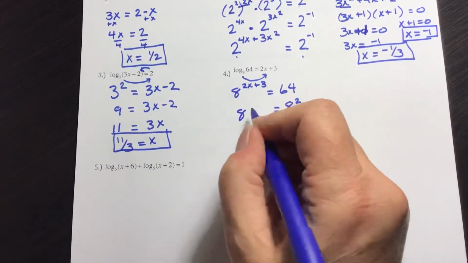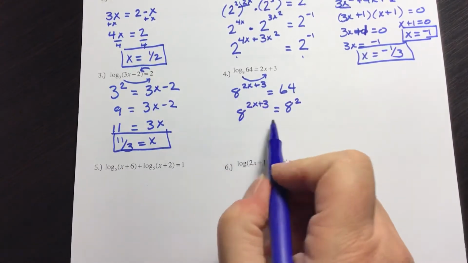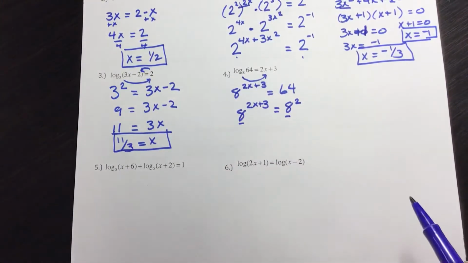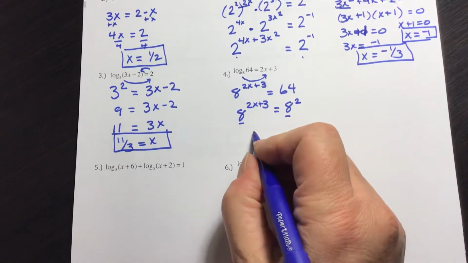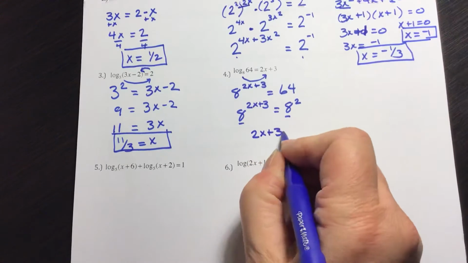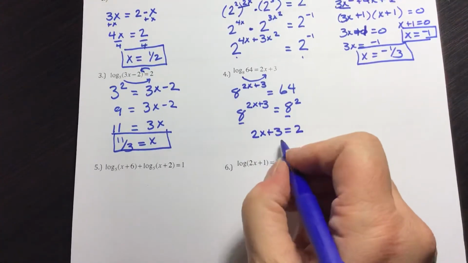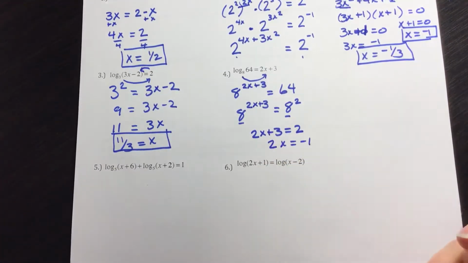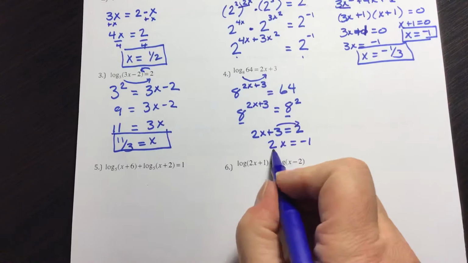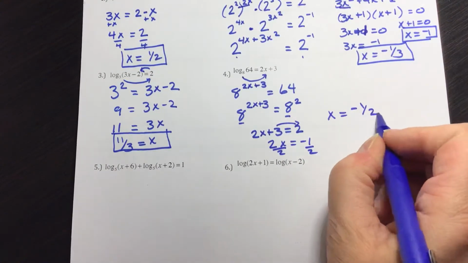And then I have over here 8 to the 2x plus 3. And now, because my bases are the same, my exponents have to be equal. And I have 2x plus 3 has to equal 2. If I subtract 3 on both sides, I have 2x is -1. And then divide by 2, and x is -1/2.